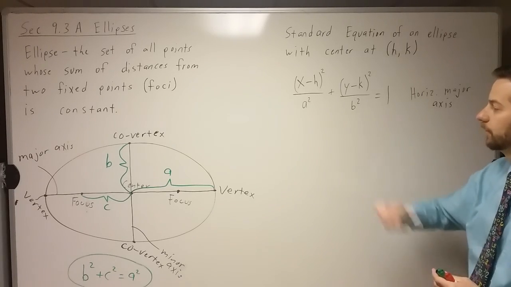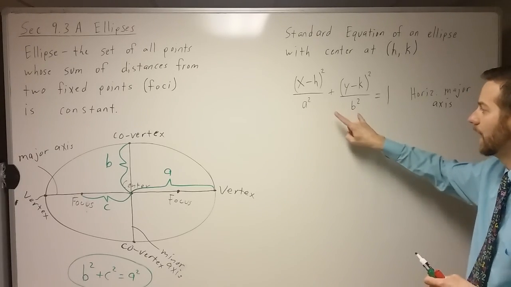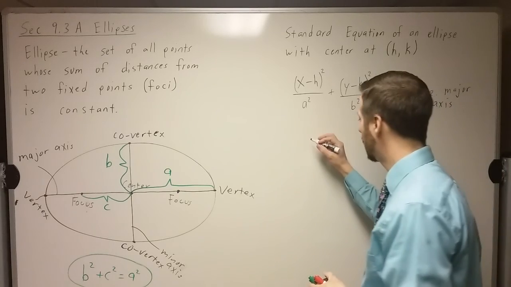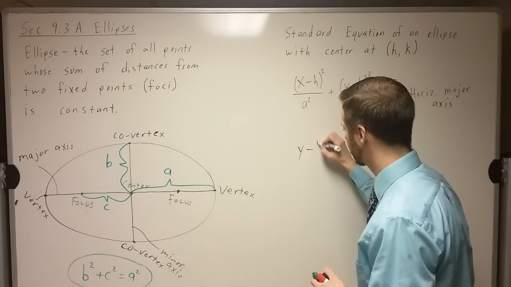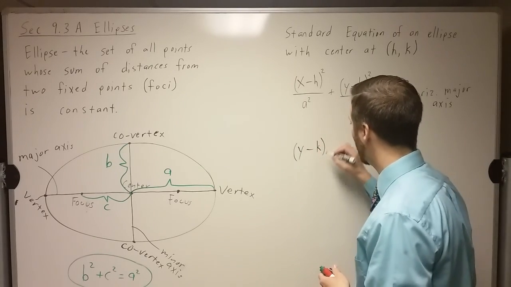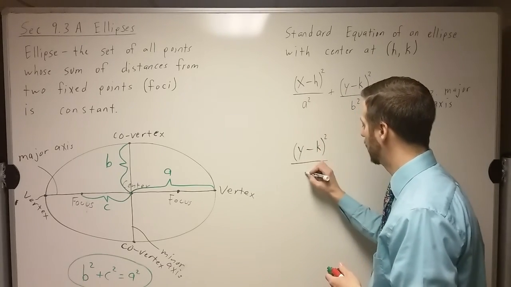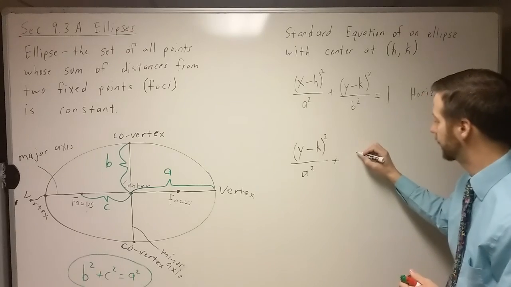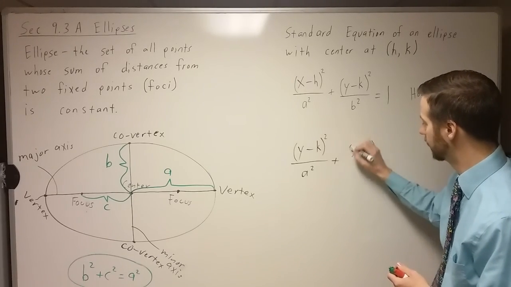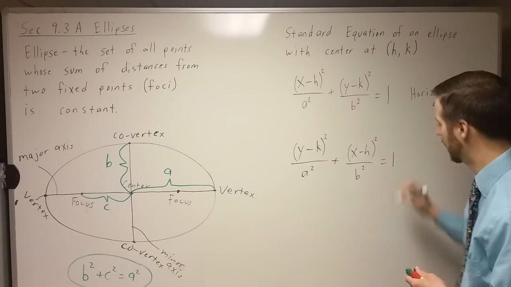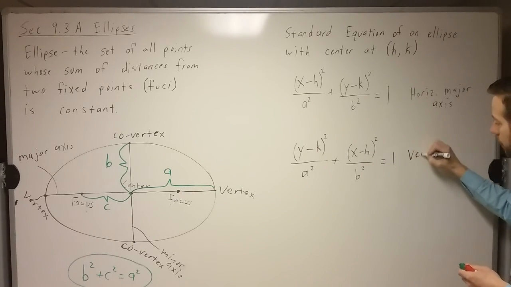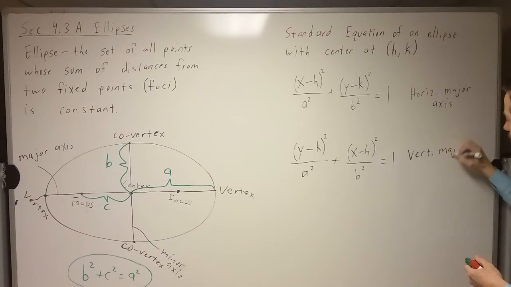And really, the only difference between these two is going to be the position of a and b. So our vertical major axis one, our other option basically, is this. y minus k, the quantity squared, over a squared, plus x minus h, the quantity squared, over b squared, again equals 1. This would have a vertical major axis.